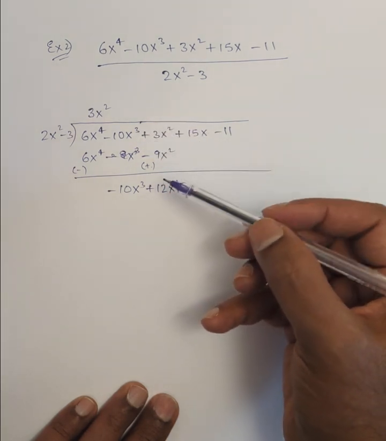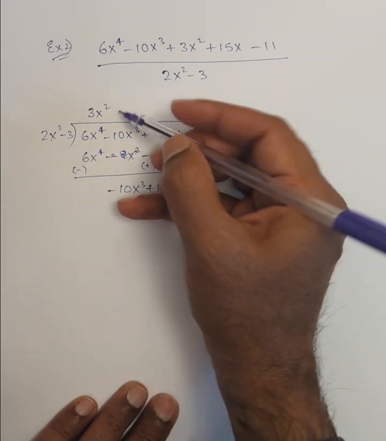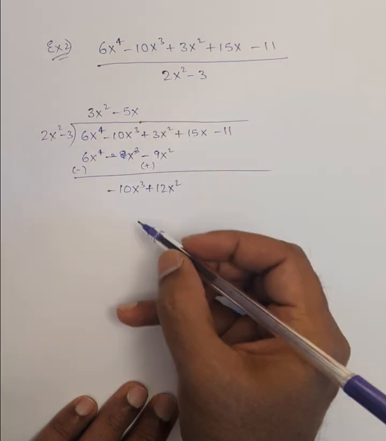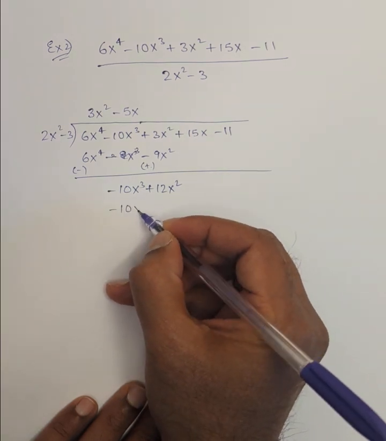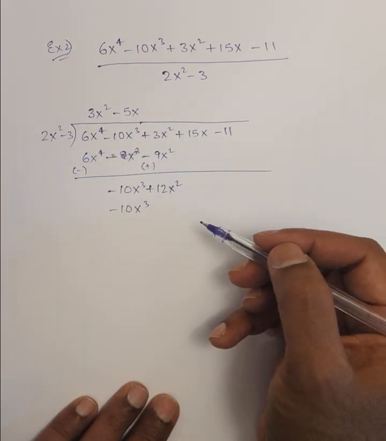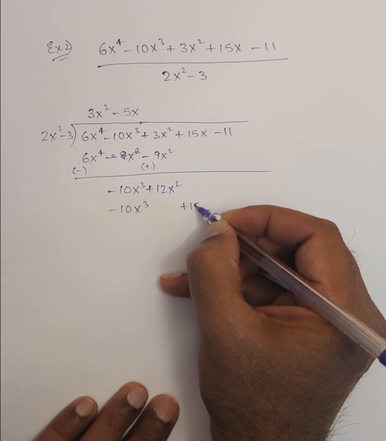And now what do I need up here to get negative 10x cubed? We have 2x squared, so I need minus 5x. So when I do that, I get negative 10x cubed. And now it's negative 5x times negative 3, so that's plus 15x. So let me write down plus 15x.